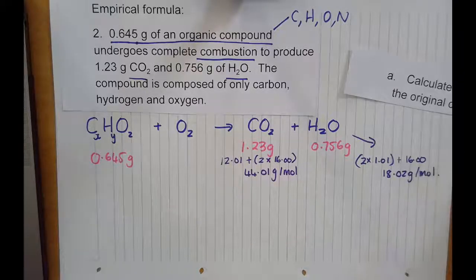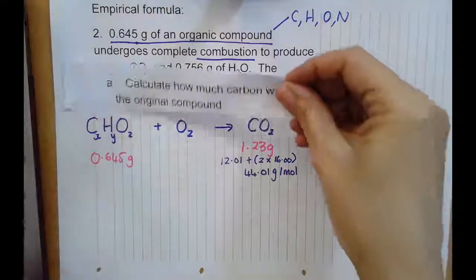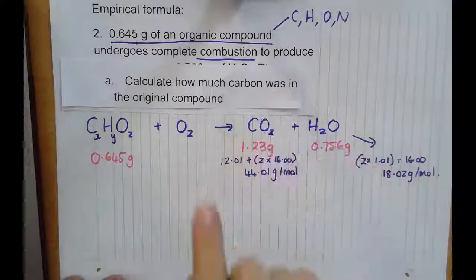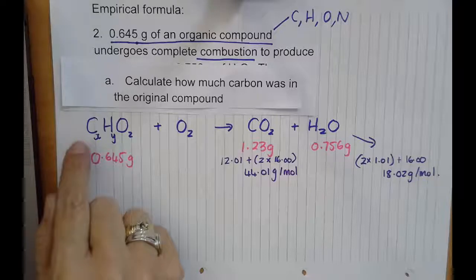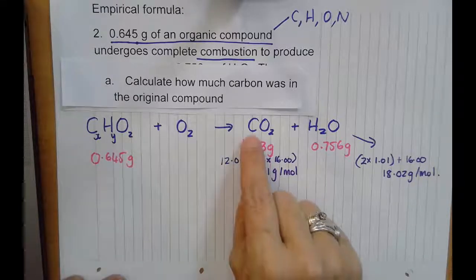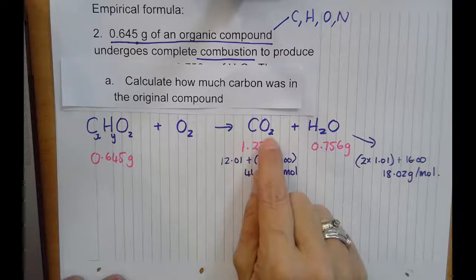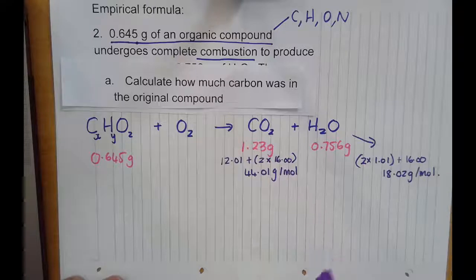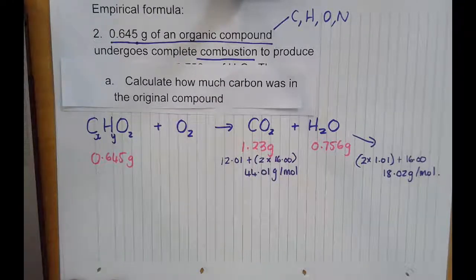The very first question that we have to do now is related to how much carbon was in the original compound. So I want to find out how much carbon is in this compound. I'm told that I've got 1.23 grams of carbon dioxide, but please note that the carbon makes up only part of this. I cannot just say that 1/3 of this is going to be the carbon.